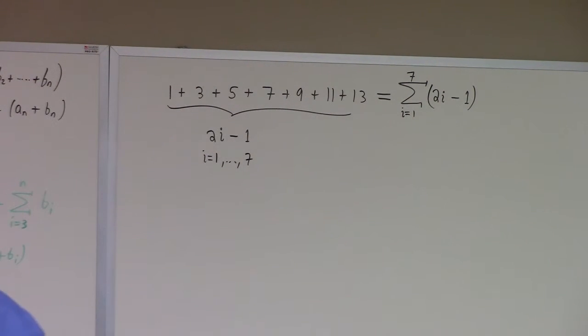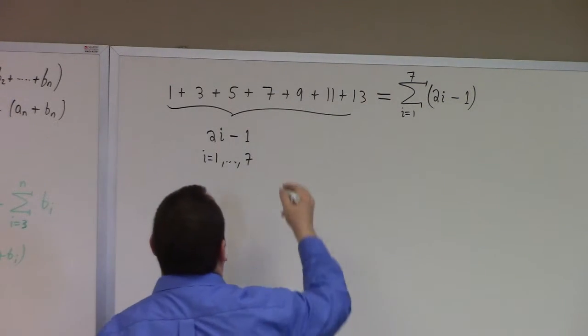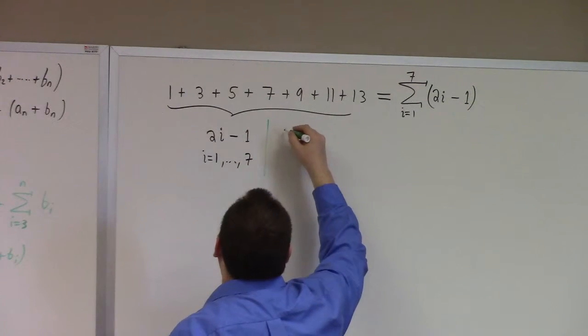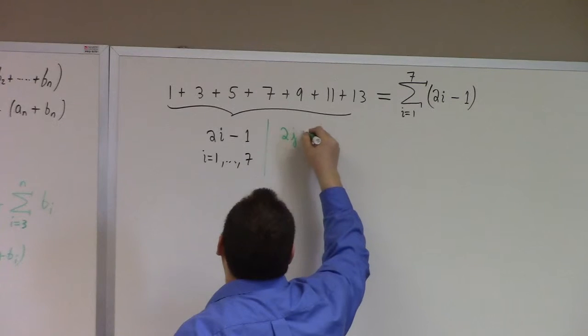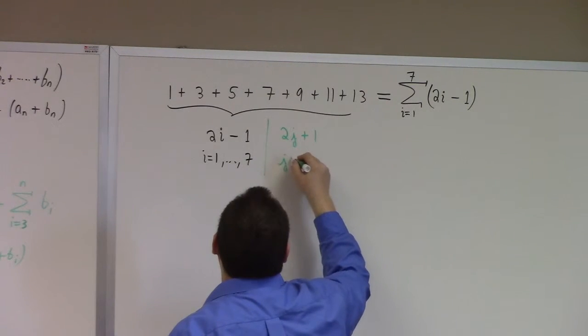How else could you write that? Some of you might be like, no, that's incorrect. You should look at this as, that's really like 2 times j plus 1 for j equals to what?